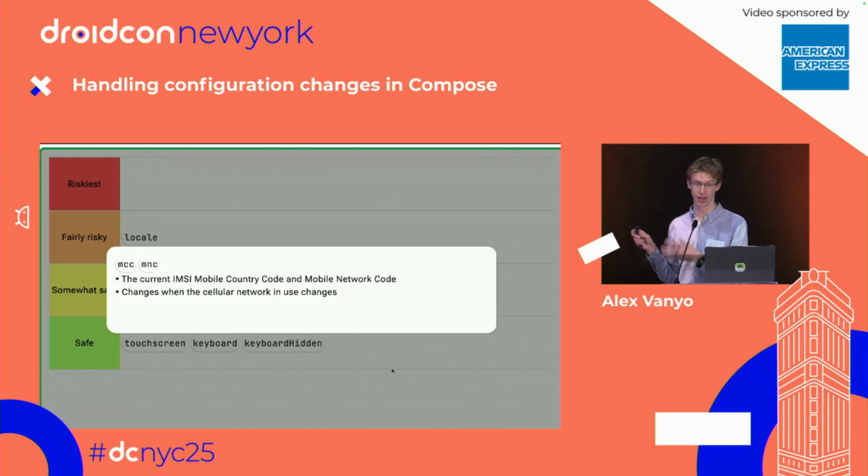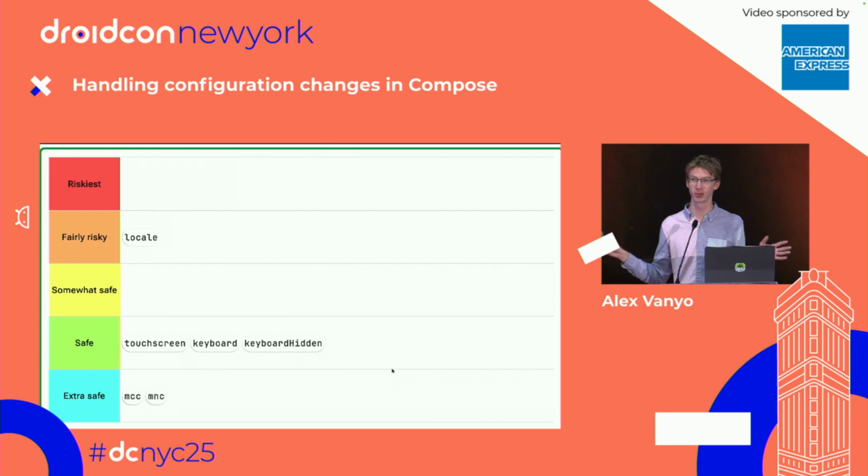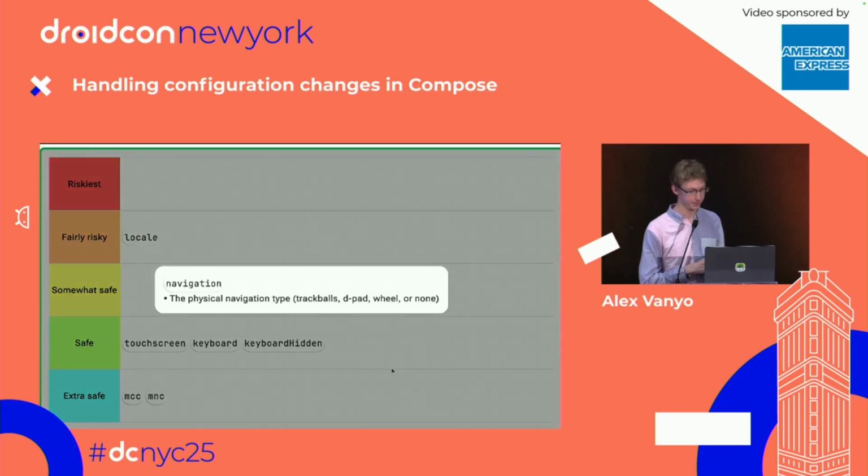In a certain Android version, these will actually by default now not cause recreation unless you opt back into it with another manifest tag, recreate on config changes. So these ones are super safe. Probably most apps out there are already not having recreation happen for these. So there we go, new category. Most apps are already probably doing this at least a little bit.